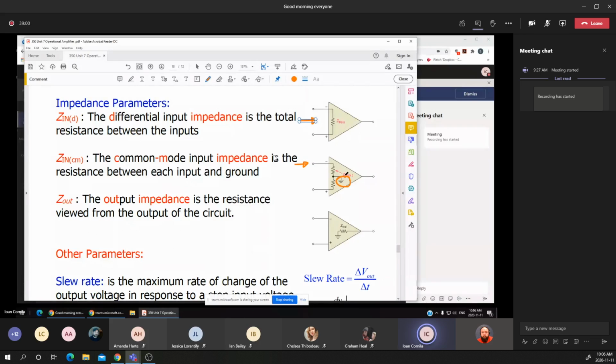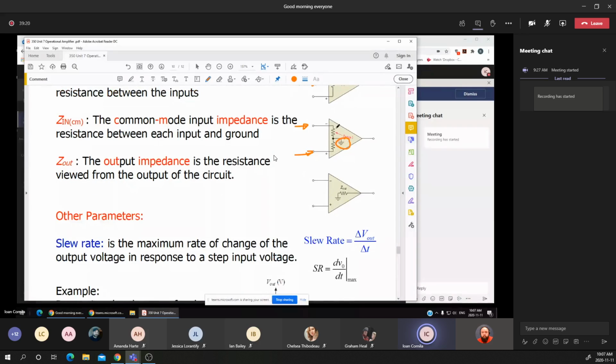That's the Z-in, the common mode impedance, or with respect to ground, which means that I'll measure the impedance for the inverting input with respect to ground, and I can do the same thing, measuring the impedance of the op-amp with respect to ground, taking the non-inverting input. The output impedance, again, is looking from the load point of view into the output of the op-amp, and I will measure that with respect to ground.